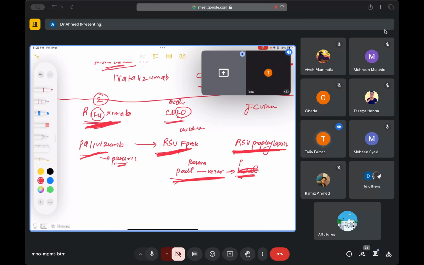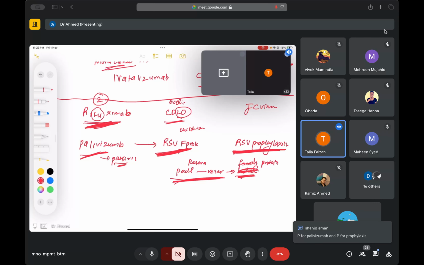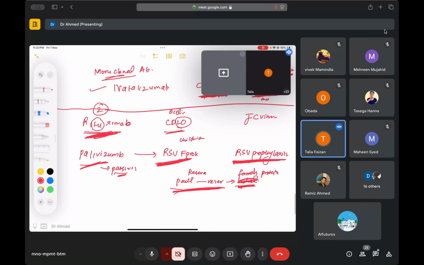Paul is reserving some food, some protein. Yes, food. Perfect. Yes guys, we will be making mnemonics for this as well. So Paul is reserving food, protein. Palivizumab is going to inhibit RSV, the reservation, RSV food, RSV protein. The target for palivizumab is your RSV F protein.